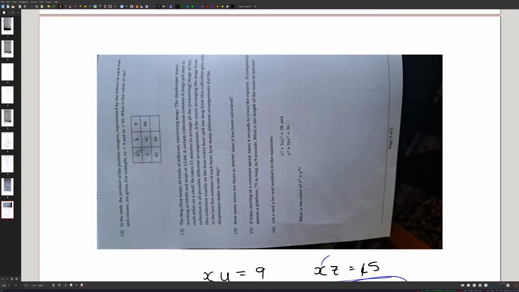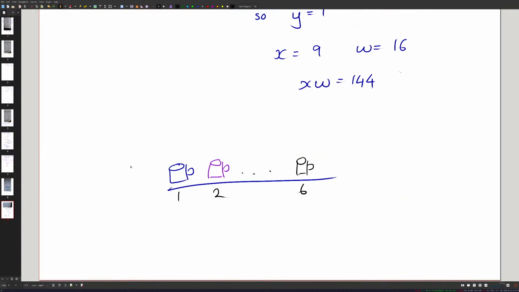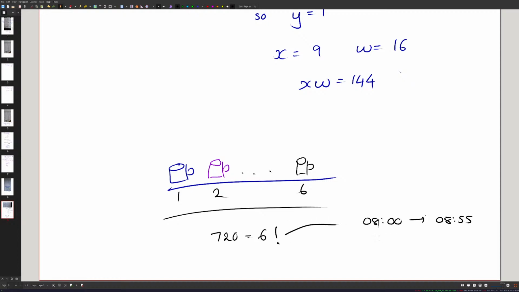I think every time a mug gets sold, in the next hour he then takes all the mugs that are left and starts arranging them in every possible order. So in the first hour he puts these in all 720 orders that you can arrange 6 items. And so that's between 8 and 8:55. He does 720 arrangements. And then between 8:55 and 9, 1 mug gets sold.